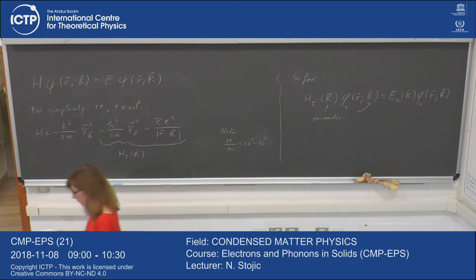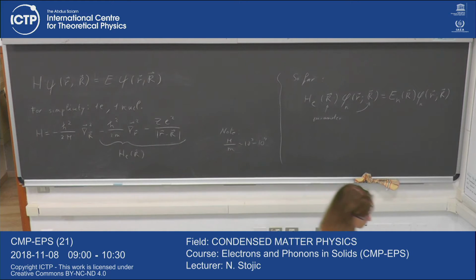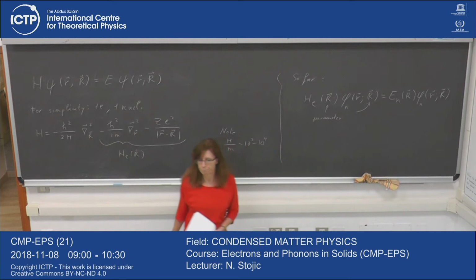We were fixing the position of the nucleus and solving this for the electron, where phi n is the solution that depends on the position of the electron. Okay?